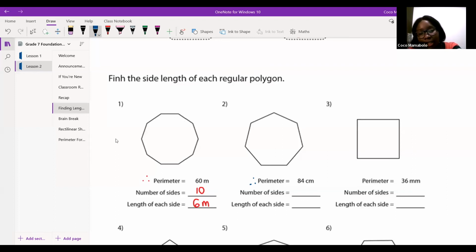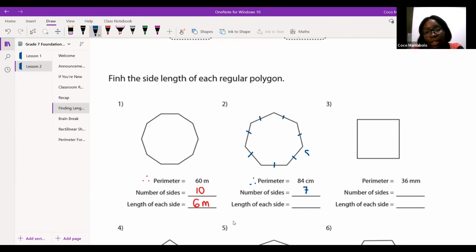How many sides do I have, guys? 7 sides. I've got 7 sides. Good. Now, if I've got 7 sides, what is the length of each side going to be?